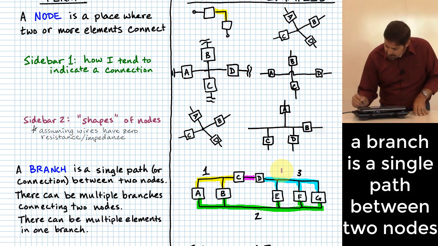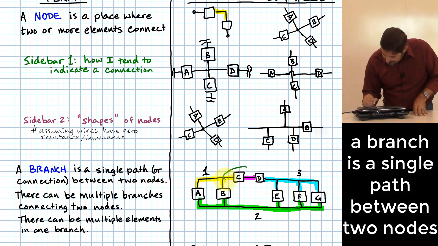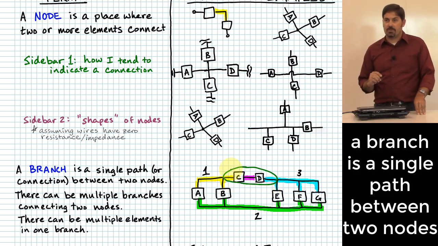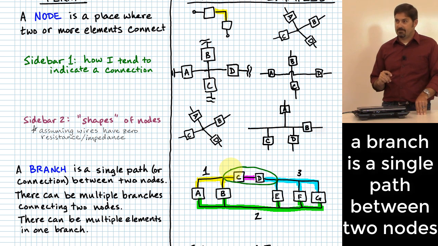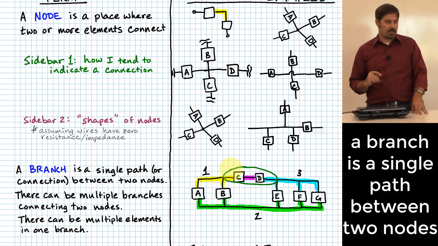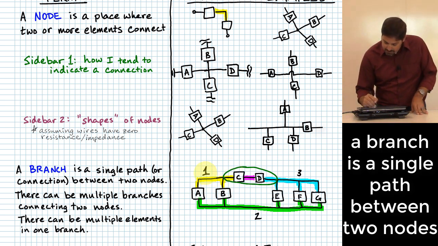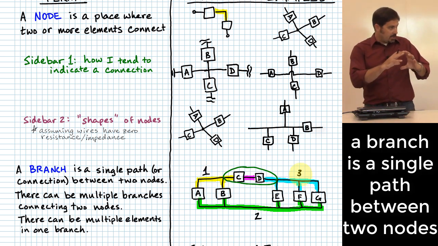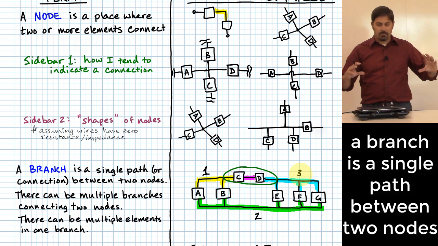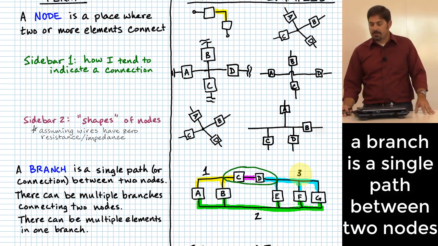And for that reason, I would identify that right there as a branch of this circuit. Does that make sense? Because it's a place that connects between node 1 and node 3, and it gives you a single path where current can go across that location.